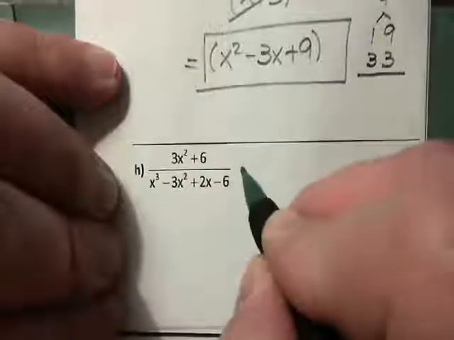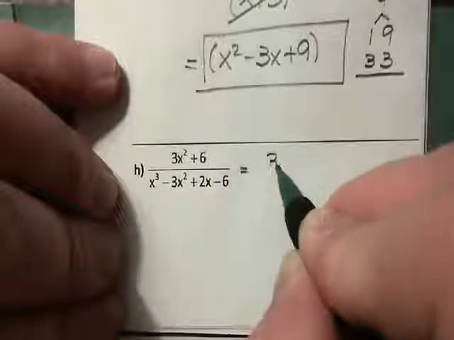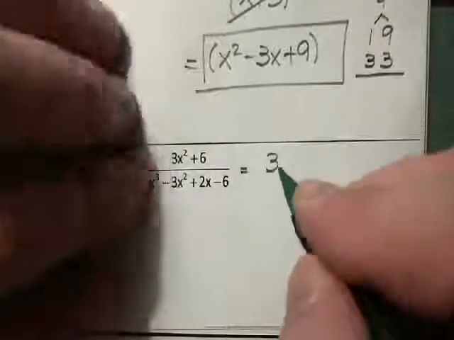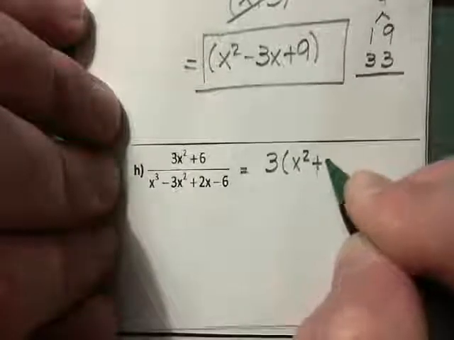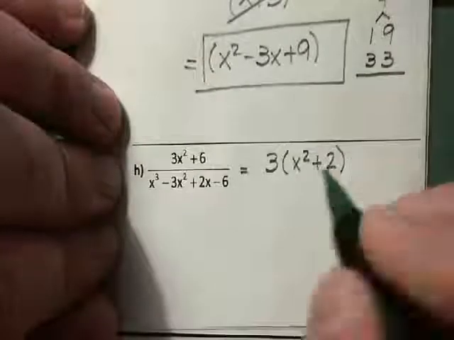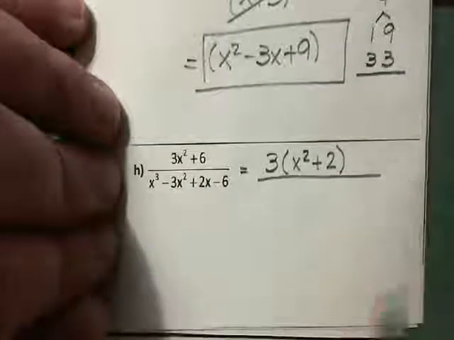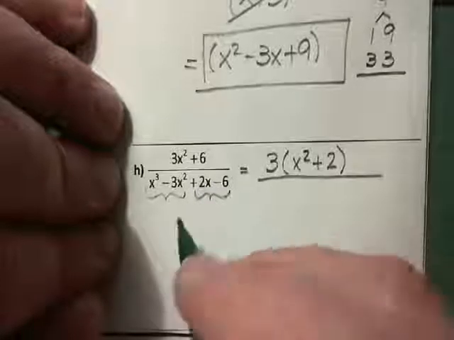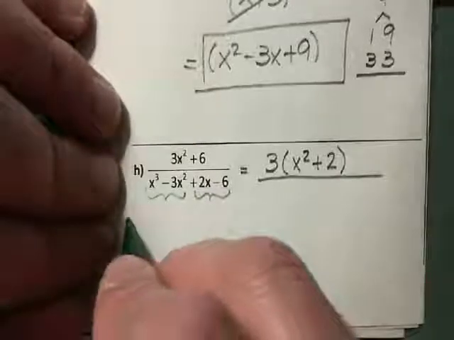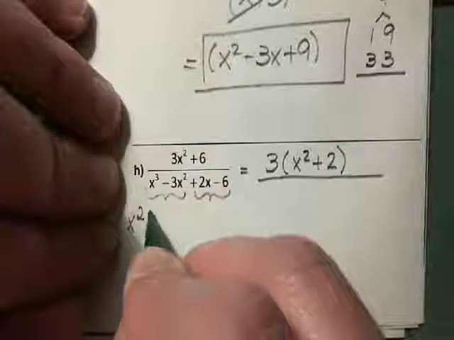First thing I see is that I can factor out a 3 from the binomial on top. So this would be 3 times x squared plus 2. And on the bottom, let's try some grouping. So what can I factor from the first two? I can factor out an x squared.